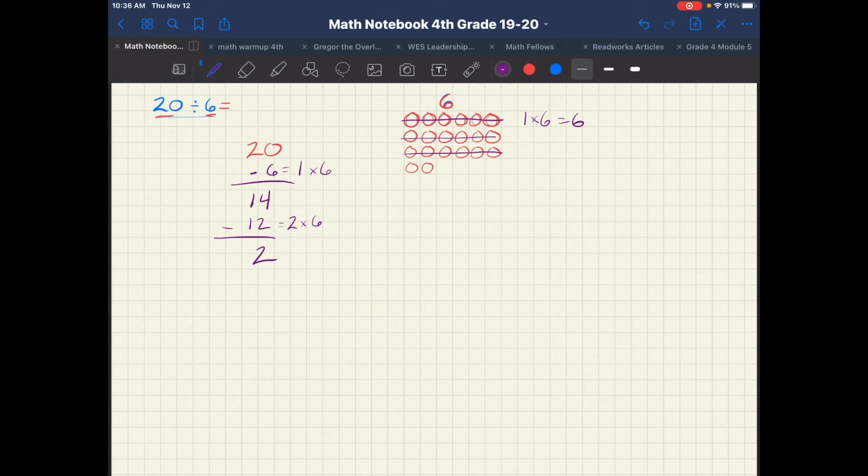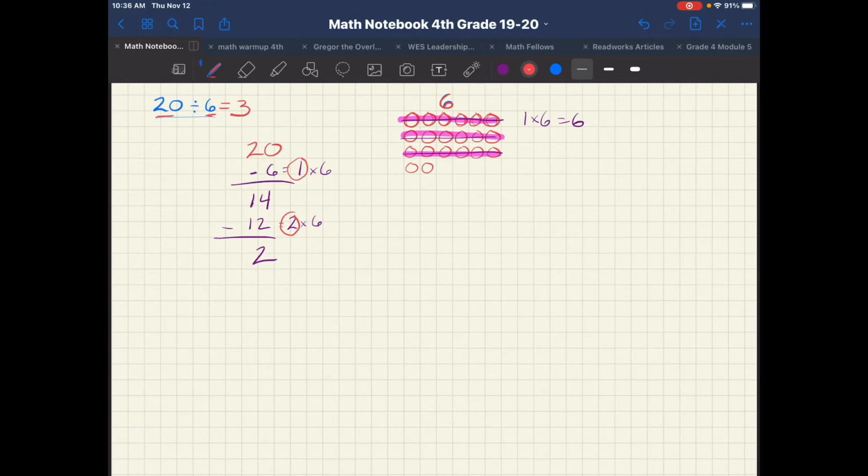So now I have taken away a total of 1 group of 6, 2 more groups of 6. That's 3 groups of 6. We can also see that that was 1, 2, 3 groups of 6 gone. And those 3 groups of 6 means my answer to this problem is 3. I took away 3 groups of 6.